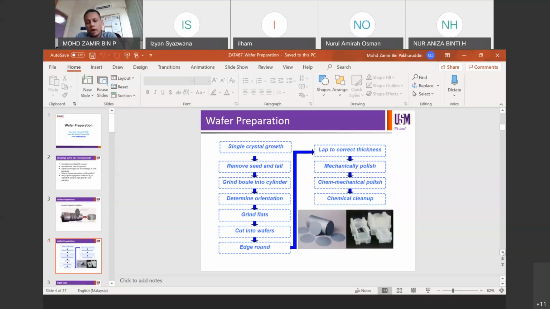Remove the seed where you actually induce formation of the crystal according to what you want, either 111, 100, or not. And the tail, remember we discussed yesterday about the float zone process, where it accumulates impurities when it does the melting process until the top end of the ingot, right? So that's why you have to remove the edges of the silicon ingot.